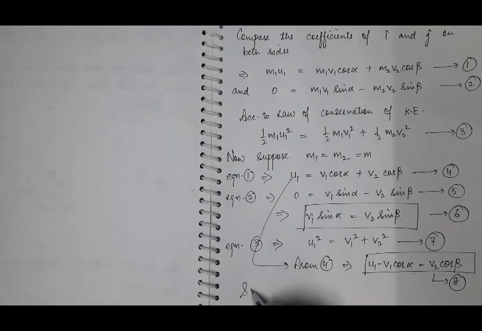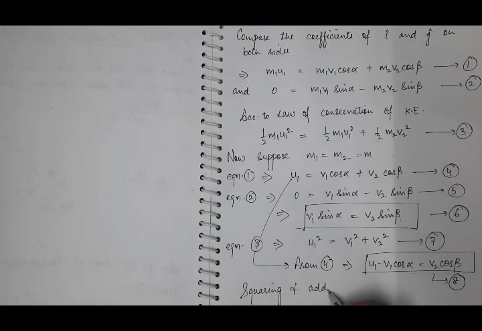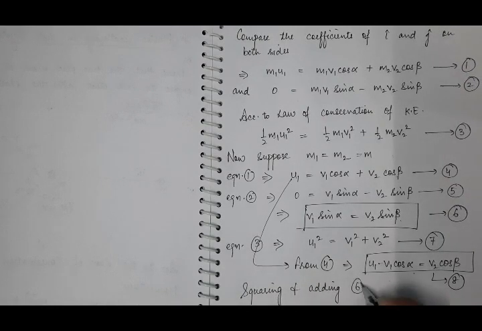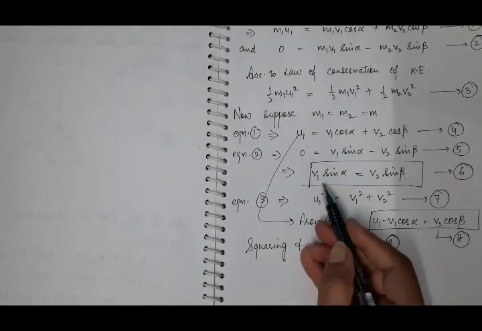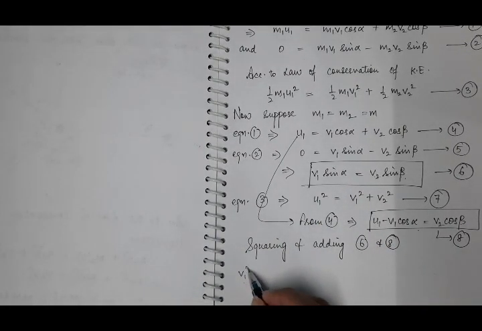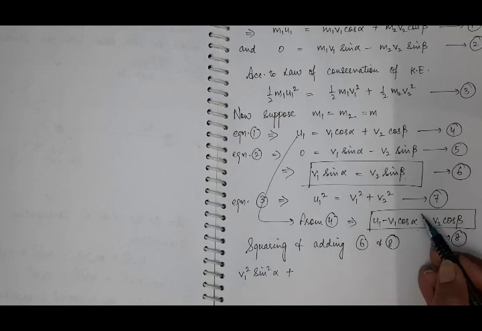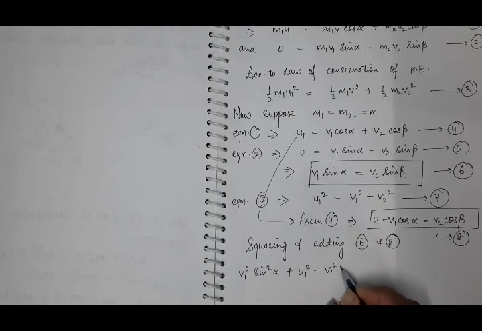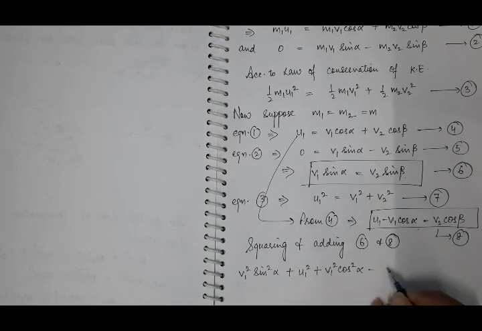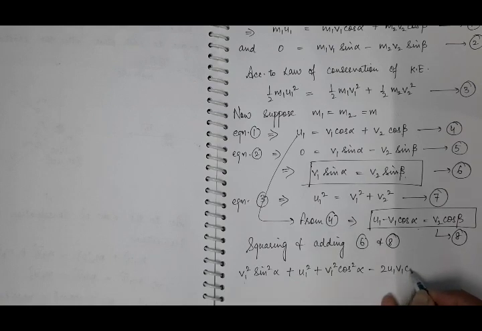So squaring and adding 6th and 8th, you will get v1 square sin square alpha plus (u1 minus v1 cos alpha) whole square. It will be (a minus b) whole square, that is a square plus b square minus 2ab.